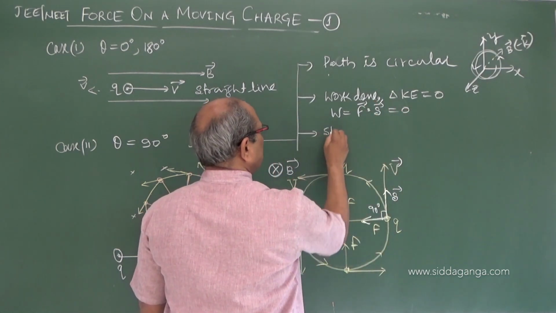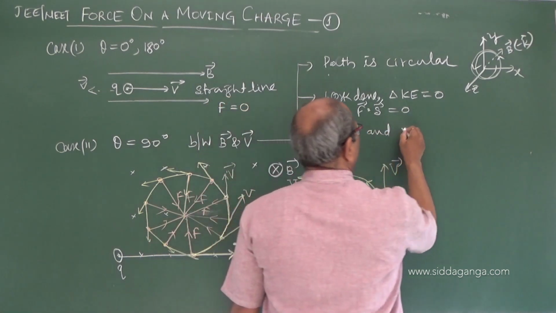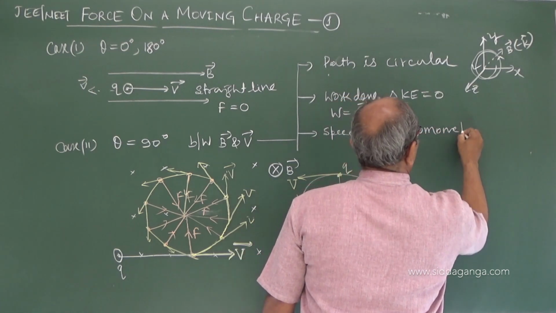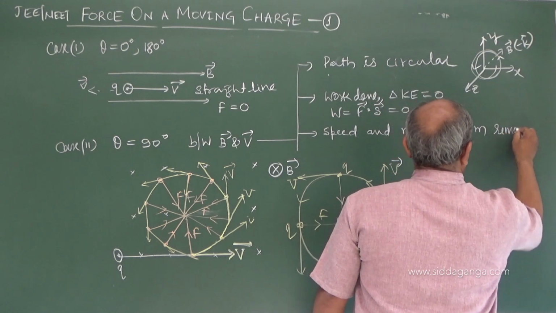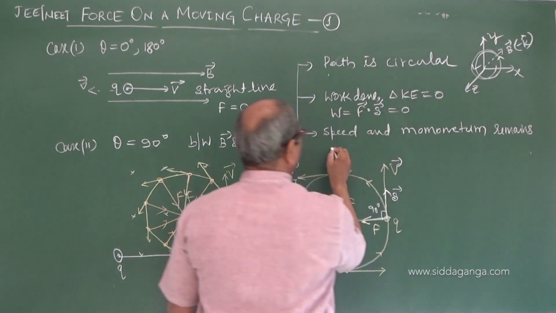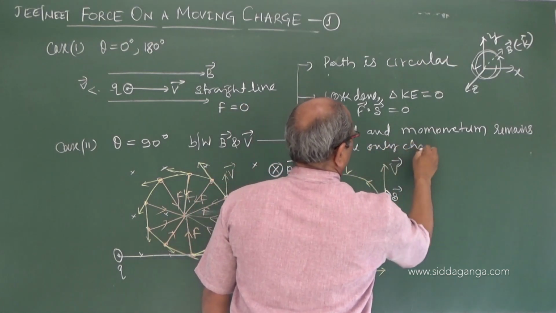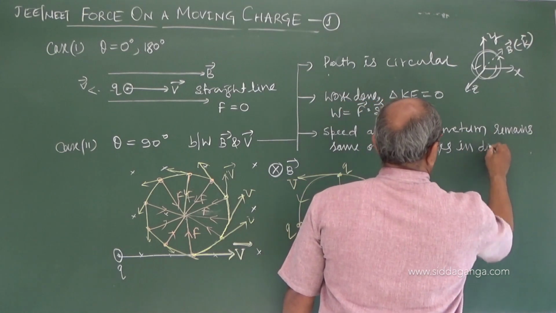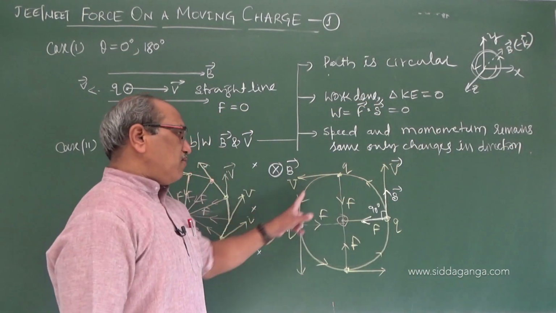But speed and momentum remain the same. Only the direction changes. It describes a perfect circle.